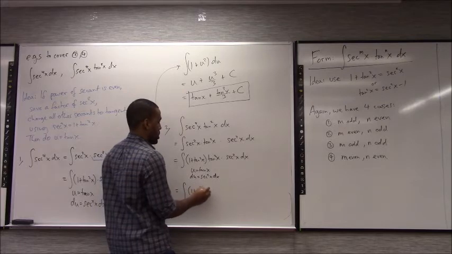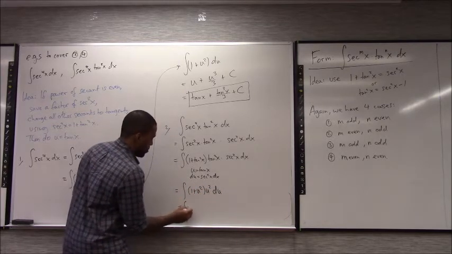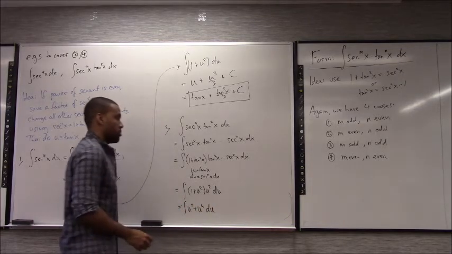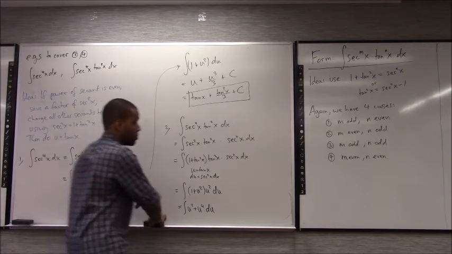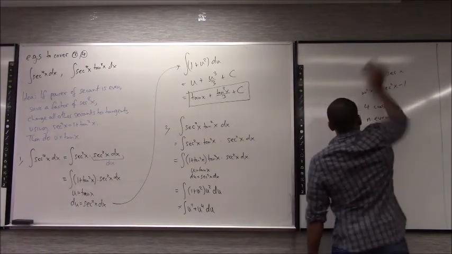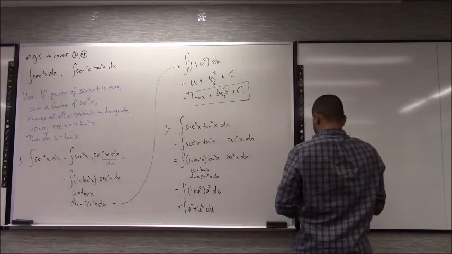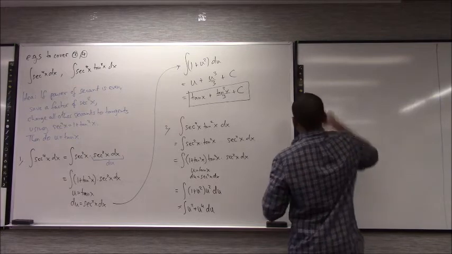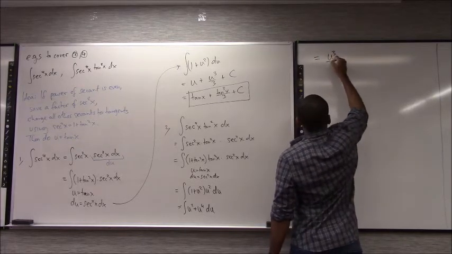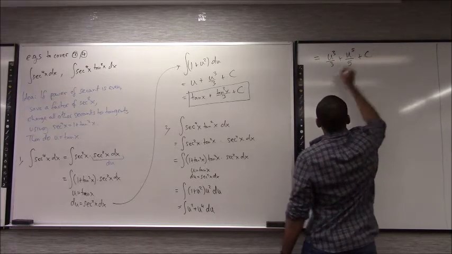This gives u squared times u squared du, which is u cubed over 3 plus u to the 5th over 5 plus c.